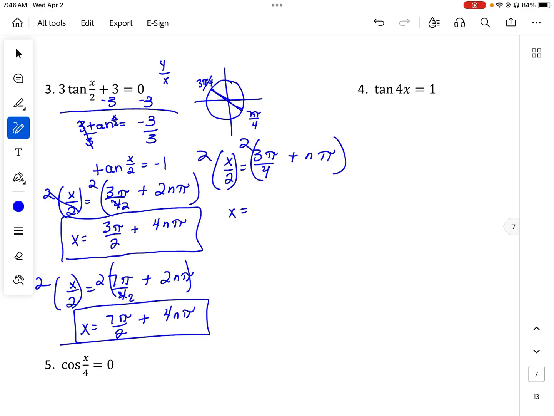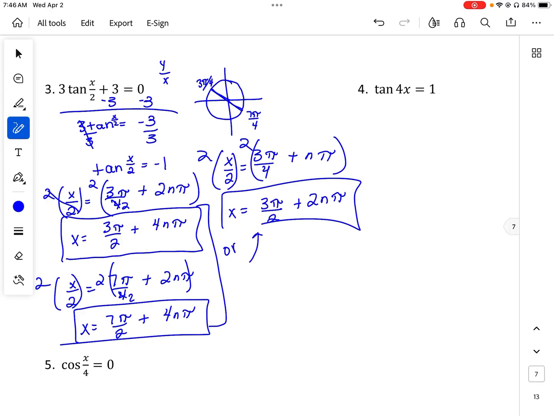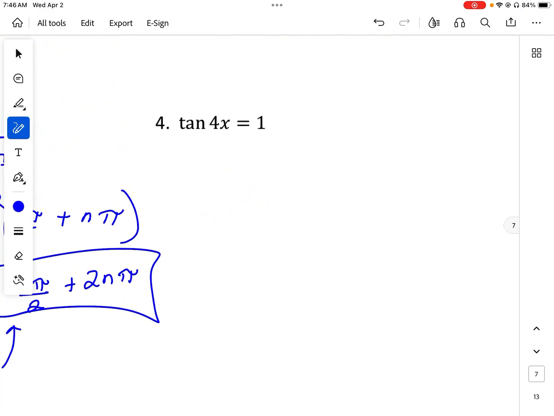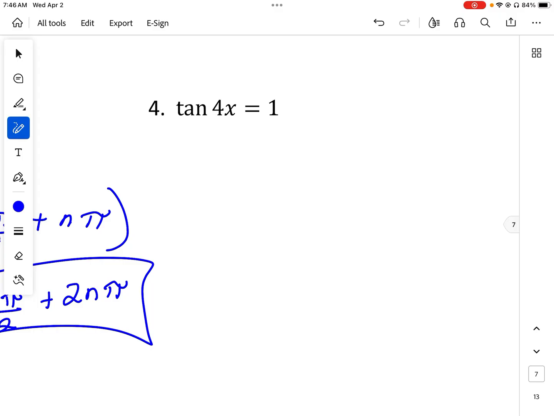So x equals 3 pi over 2 plus 2 n pi. So it's either this or this because they are 180 apart from each other. All right, let's go to the next one.